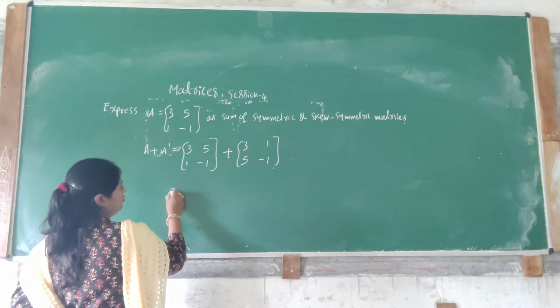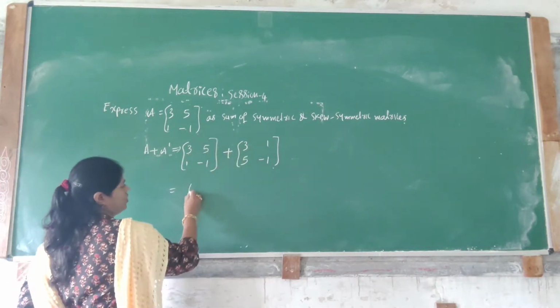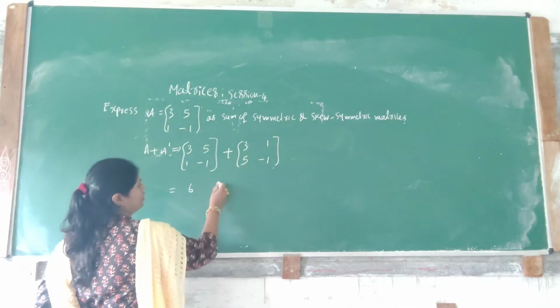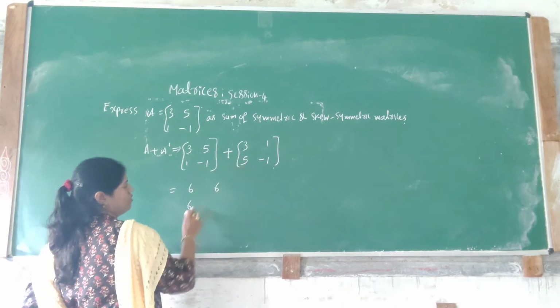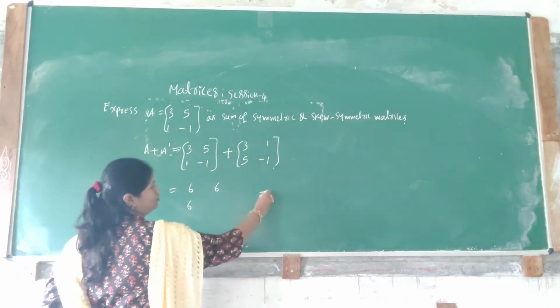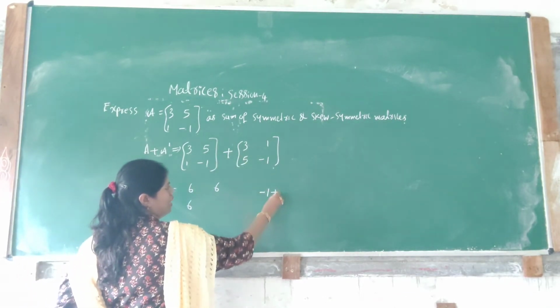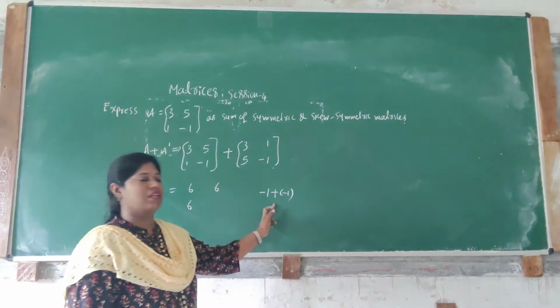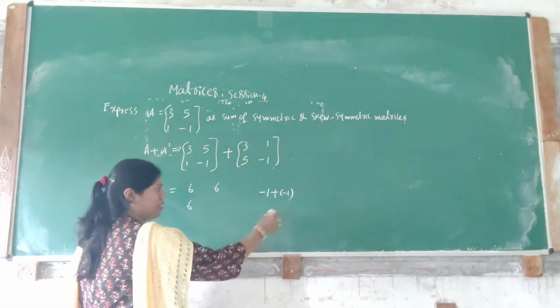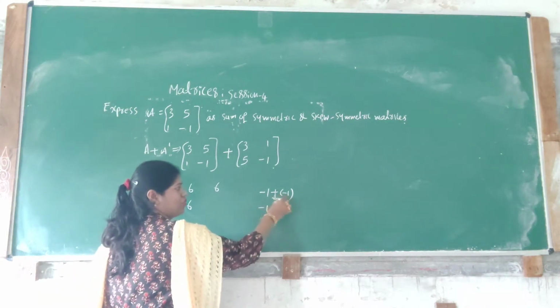So 3 plus 3 is 6. 5 plus 1 is 6. 1 plus 5 is 6. Minus 1 plus minus 1. Students may think it cancels easily, but it does not, so better we simplify the bracket.